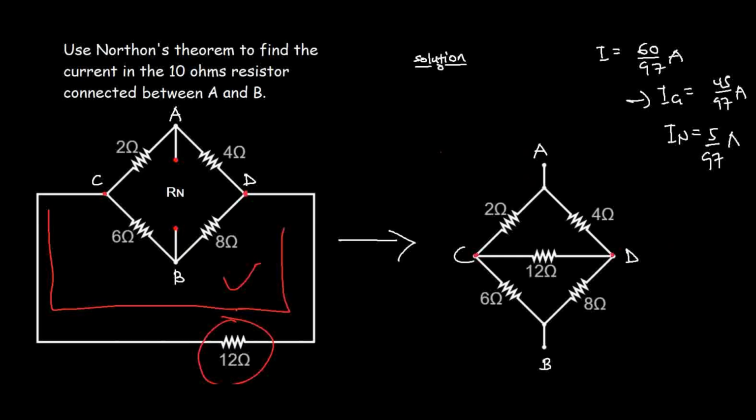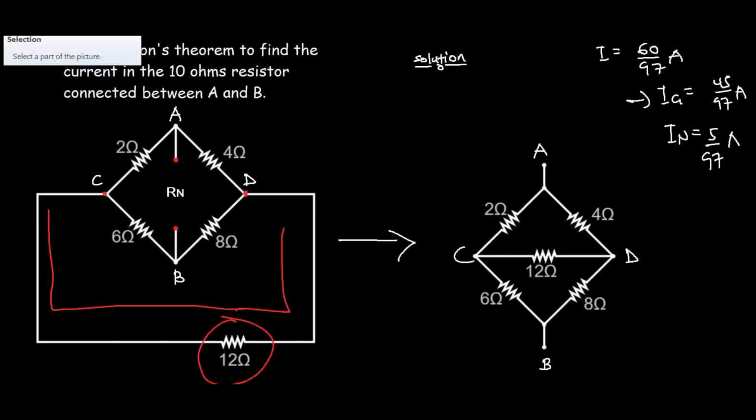So see that you have the A here, you have the A here, you have the B here, you have the B here. So it is that same circuit that you have transformed. You see that what you have here on the right side looks much more solvable than what you have here on the left side. So we are going to use this transformed circuit to calculate the equivalent resistance, which is Norton's resistance.